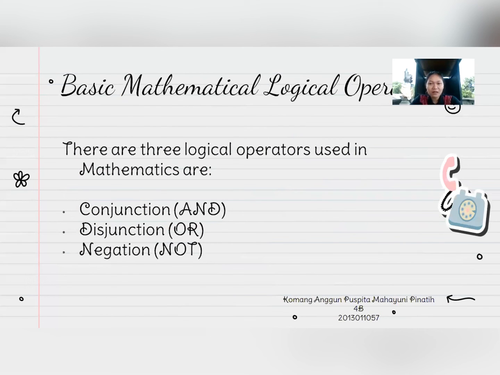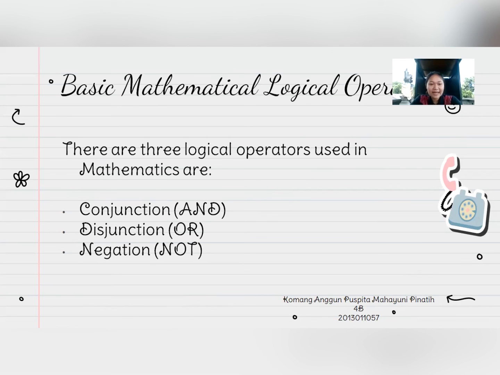Basic mathematical logical operators. The three logical operators used in mathematics are conjunction, disjunction, and negation. Conjunction is "and". The conjunction of two statements P and Q is true if both P and Q are true, and is false if either P is false or Q is false or both are false.